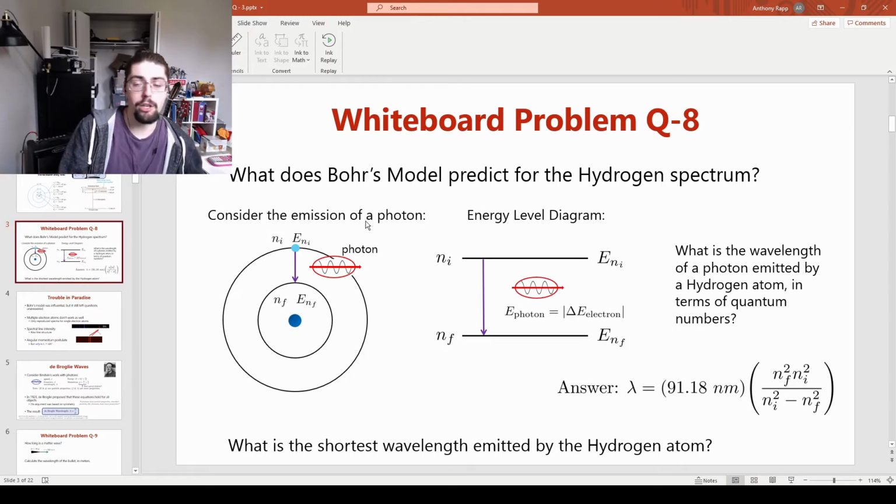Because we might remember that the energy of any particular photon goes hc divided by lambda. And hc divided by lambda, in this case, is going to tell us that the shorter the wavelength, the greater the energy.